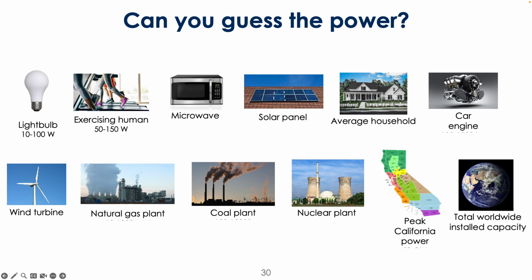Okay, what about your microwave at home? Anyone have any ideas? Yeah, that's right, about 1,000 watts. Okay, so a typical solar panel, how much power would that produce? Depends on the size. Yeah, so something like, I think there are like 1 to 2 meters squared.